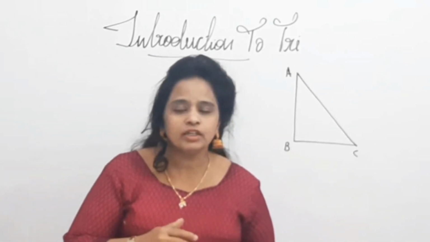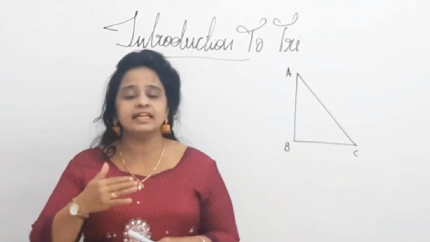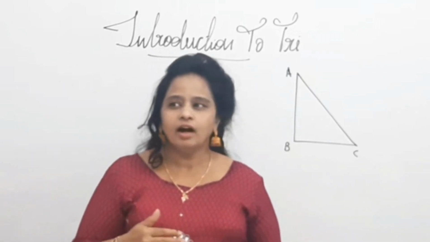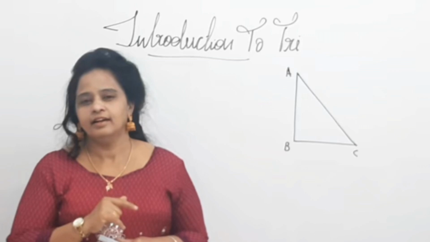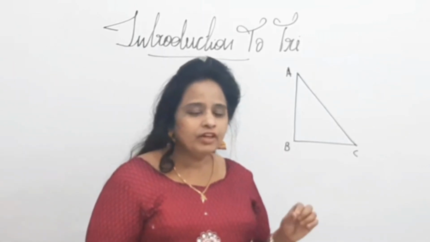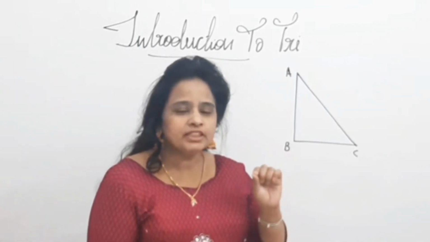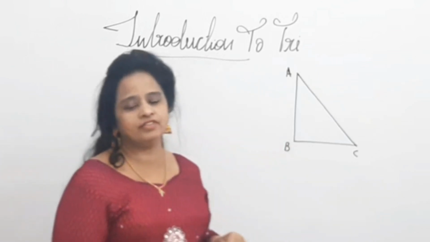It is not much applicable as 10th standard level students for any triangle other than a right triangle. So whenever you read the question, you must imagine immediately the right triangle.